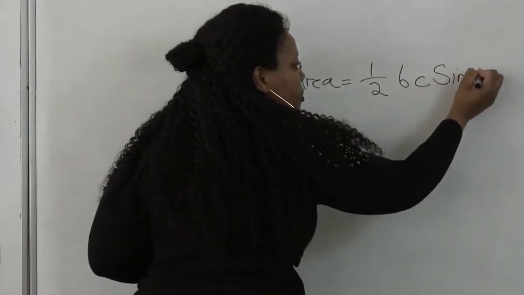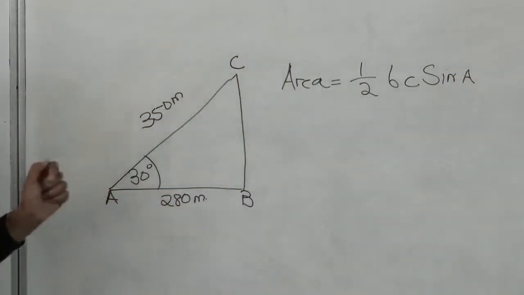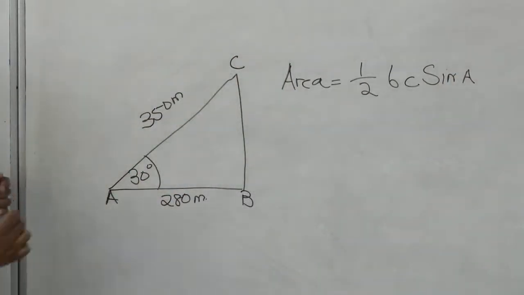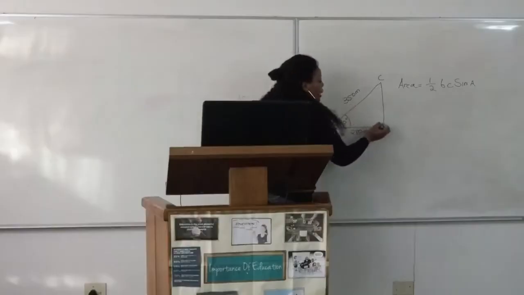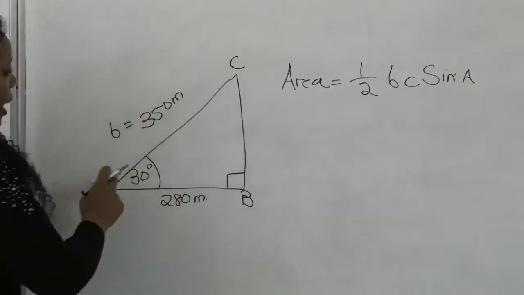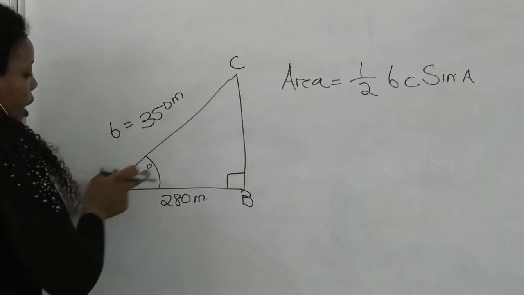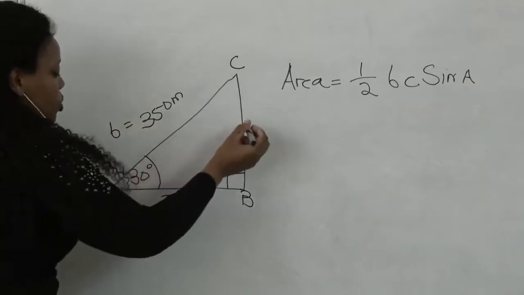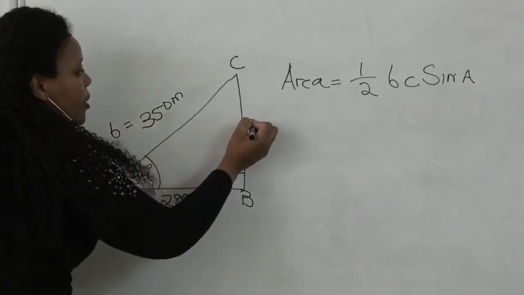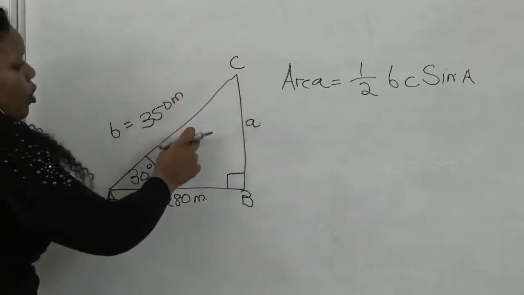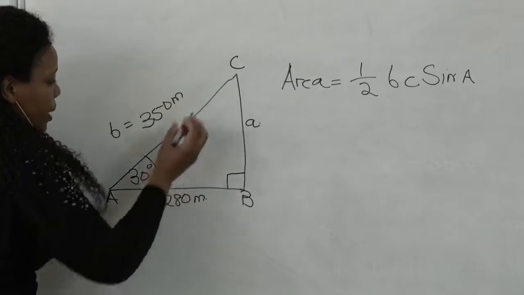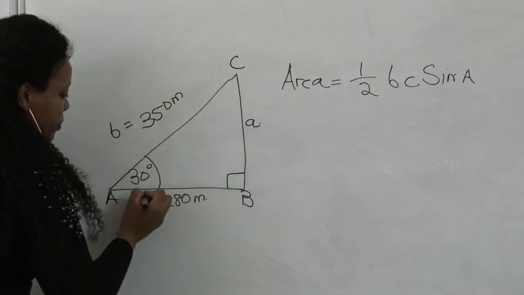So what we need to do here also, you need to name your side. This is angle 90 degrees, and the opposite side here will be a small b, and the opposite side for angle 30 will be a small a, and the opposite side for angle C will be the small c.